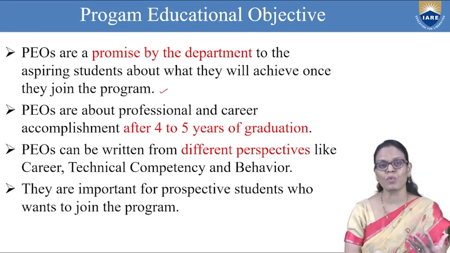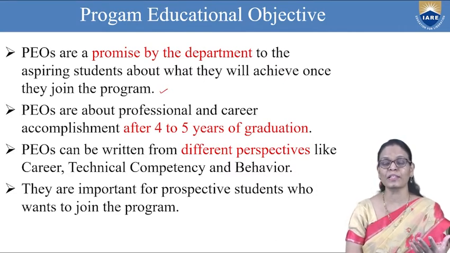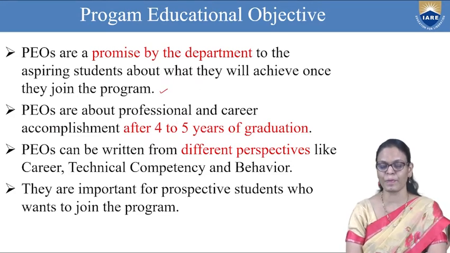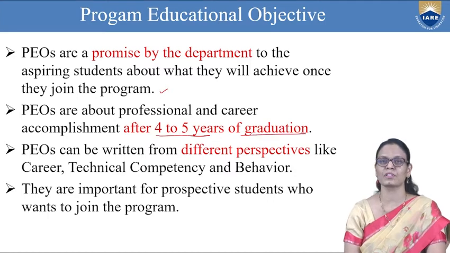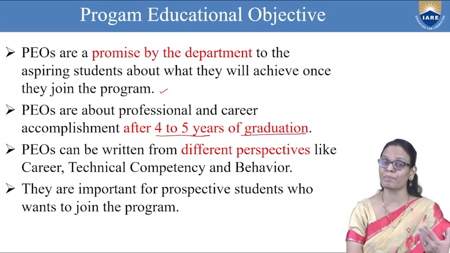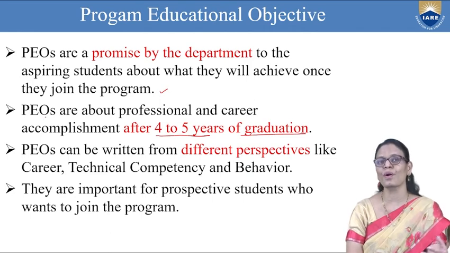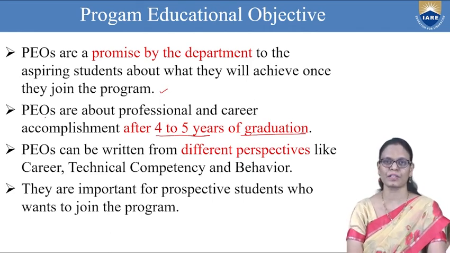They will understand what the department is promising, and with the help of that, the student can decide whether it is meeting his requirements or not. PEOs are about professional and career accomplishment after 4 to 5 years of graduation. So when we say program educational objectives, we are keeping a long-term goal in mind, meaning after 4 to 5 years of graduation, what the student will be able to accomplish.